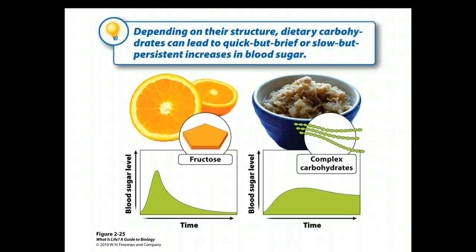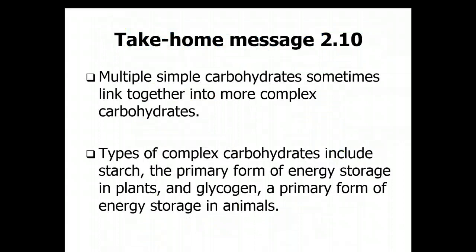If you wanted an immediate energy boost to support maybe weightlifting or jogging, fruit would be a good source. A complex carbohydrate takes more time to break down, and you get a more even distribution or release over time. These are dietary considerations that one should have in trying to form a good diet for yourself.